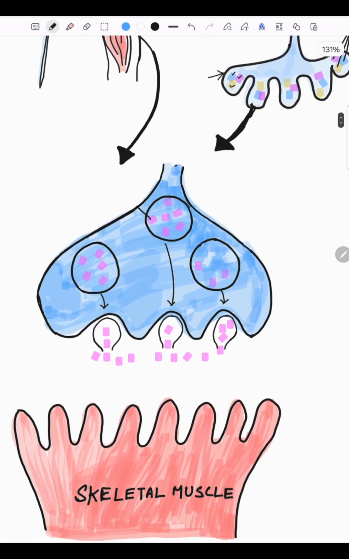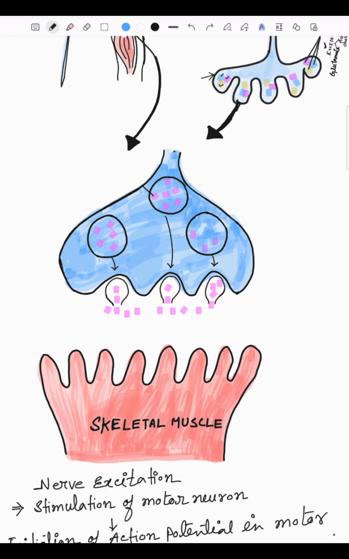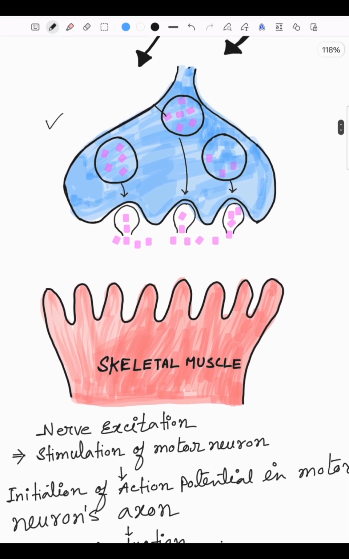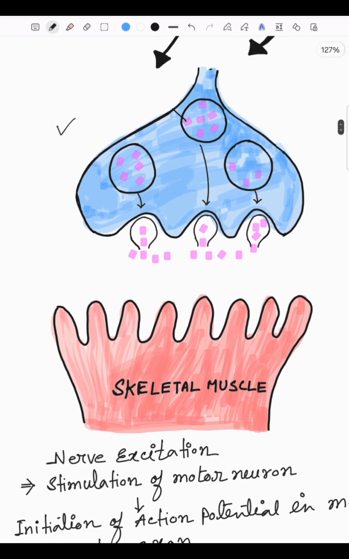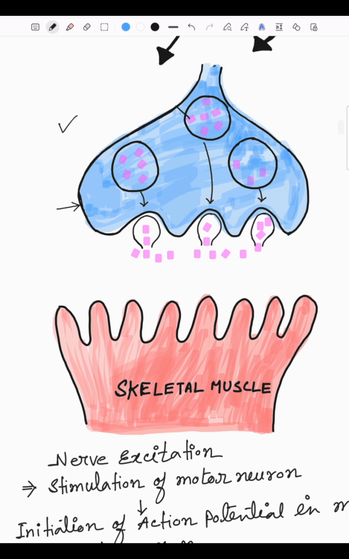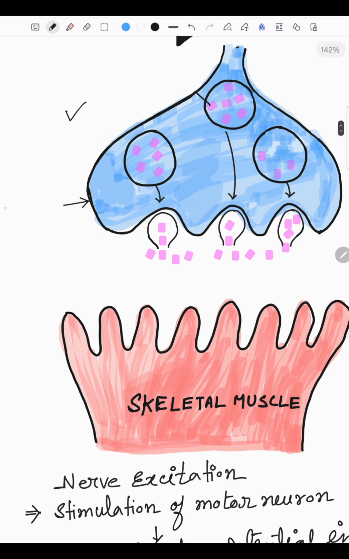So here is the normal physiology of neuromuscular transmission. This is a neuromuscular junction, and the neuromuscular junction consists of a presynaptic terminal and a postsynaptic terminal. This is the end of a neuron axon terminal, also known as the presynaptic membrane.